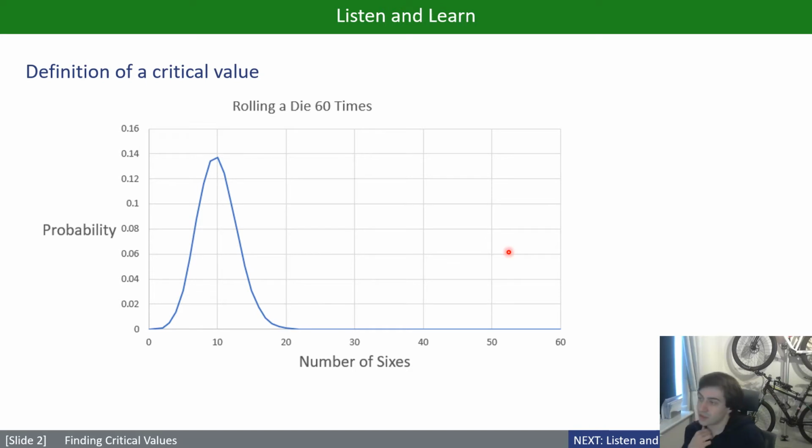Now, to be completely clear here, there's nothing actually special about 20. It happens to be a multiple of 10, so it shows up on the graph. But we could say 21 or maybe 18, right? So something in this region here is where we have a boundary between what seems unlikely and what seems almost impossible.